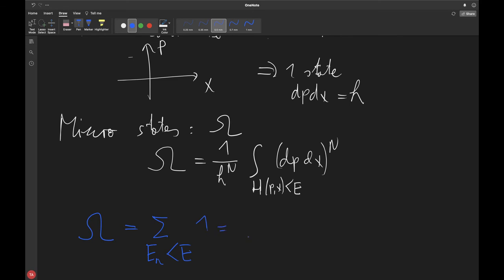This actually leads to the so-called Heaviside function. So we have a sum for the number of states, and we use the Heaviside function, which is theta of the energy E minus the energy E_n of the n state.